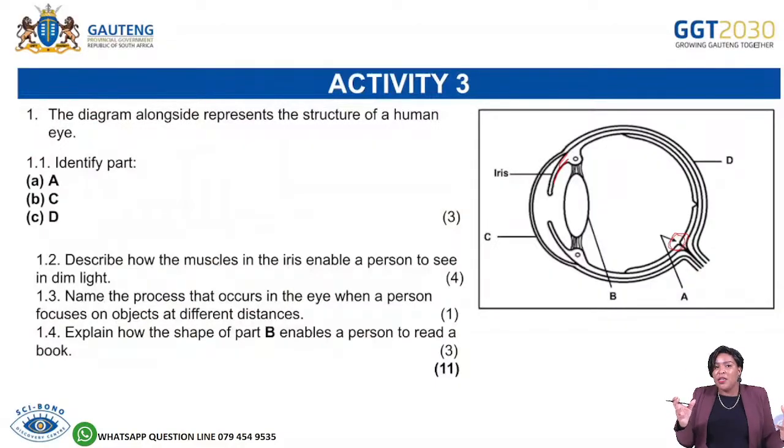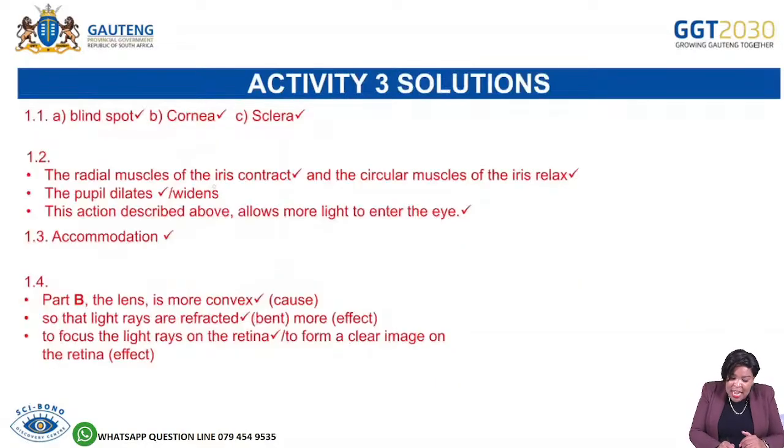So for more light to come in through the house, what do you do? You open the windows, you open the door. So even with the eye, that is what is going to happen. Let us take a look at how you're going to answer this question. First, you're going to tell us that the radial muscles of the iris, very important to mention, because there are radial muscles of everything somewhere down in your body, are going to contract.